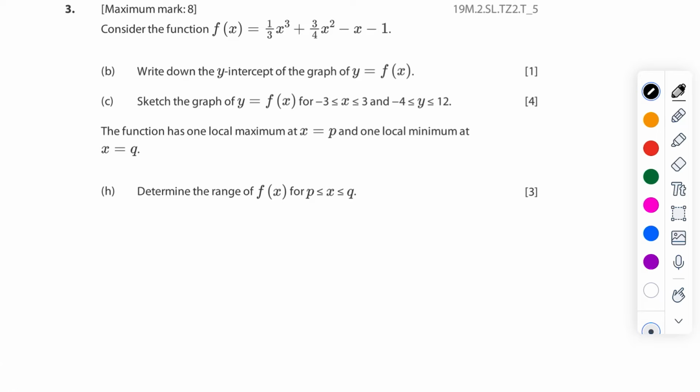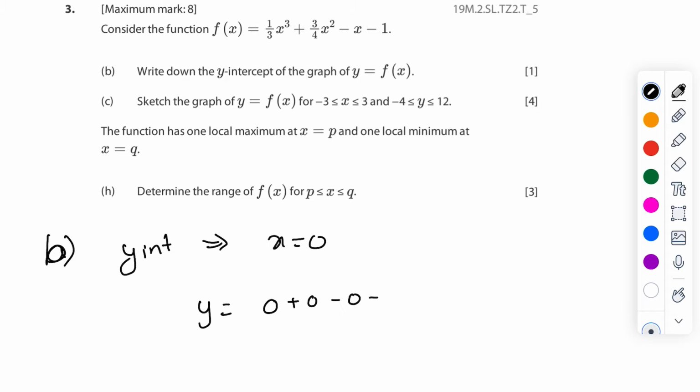For part B, y-intercept means x equals 0. Substitute. So y equals 0 plus 0 minus 1. So y equals negative 1. So the y-intercept is (0, negative 1).